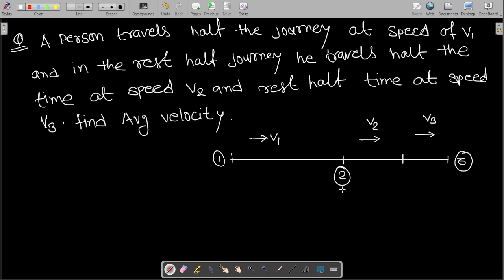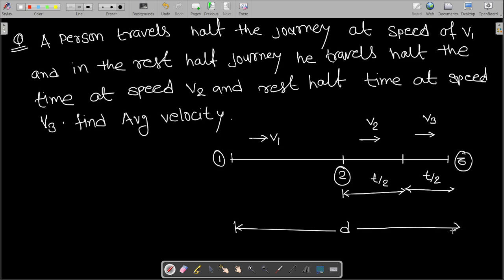I don't know how much distance is traveled in time t by 2 at v2, and how much in the other t by 2 at v3, but I know the total distance. Suppose d is the total distance, then half of this will be d by 2, and the other half will also be d by 2. Okay.